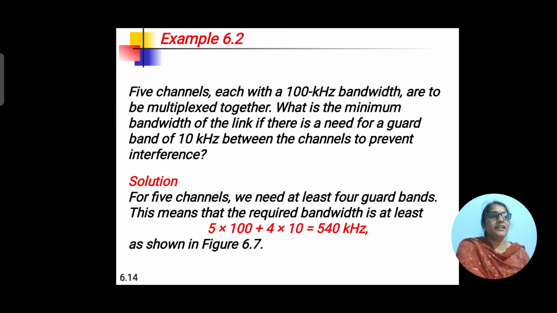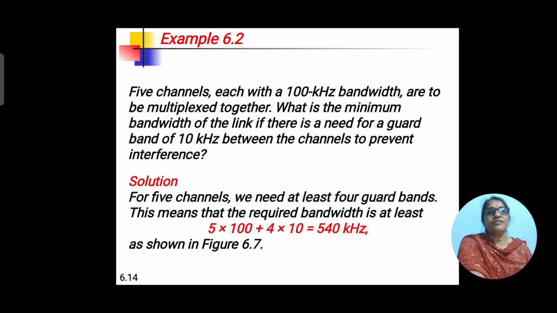So let us see another example. 5 channels, each with 100 kilohertz bandwidth, are to be multiplexed together. What is the minimum bandwidth of a link if there is a need for a guard band of 10 kilohertz between the channels to prevent interference?